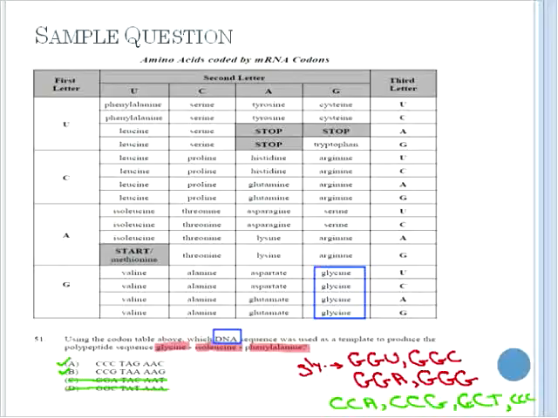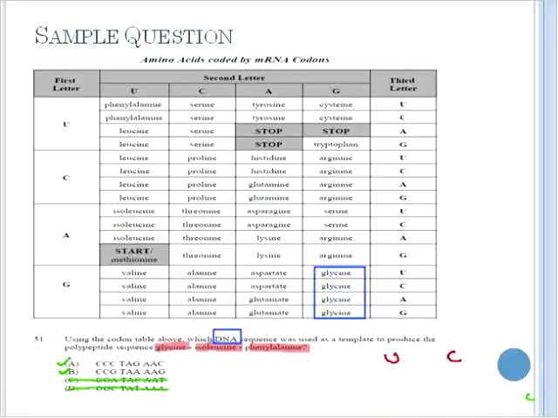From here, we now move to the next amino acid in sequence. In this case, isoleucine.